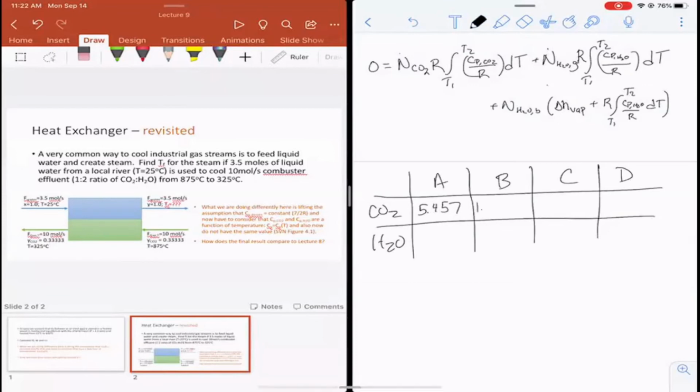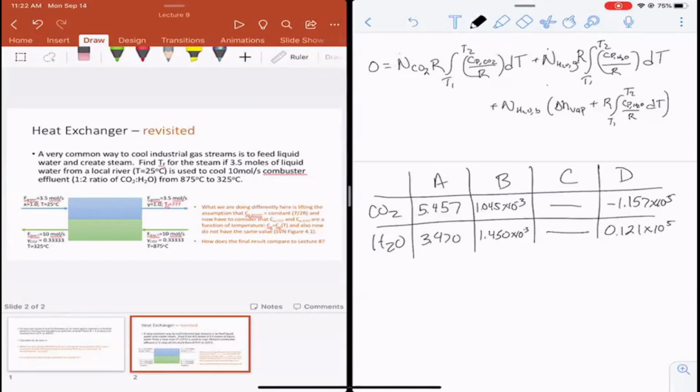B is 1.045 times 10 to the minus 3. C is equal to 0. And D is minus 1.157 times 10 to the 5th. And we've already done oxygen before, sorry about that. So water is 3.470. B is 1.450 times 10 to the minus 3. C is equal to 0. And D is 0.121 times 10 to the 5th.